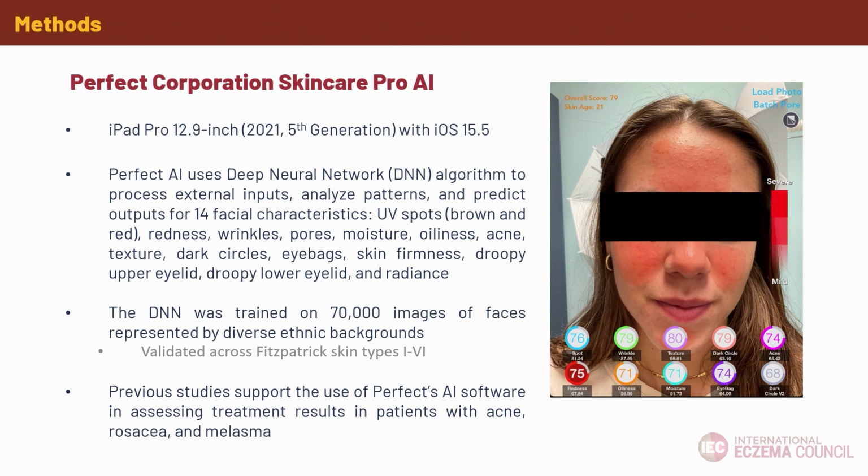Alrighty, so to go a little bit more in depth into the AI interface, it's an iPad-based system with iOS compatibility, and it also does rely on Wi-Fi for algorithm processing.